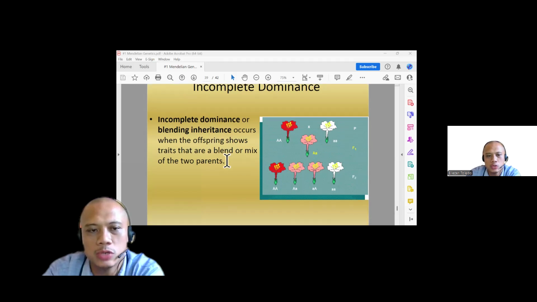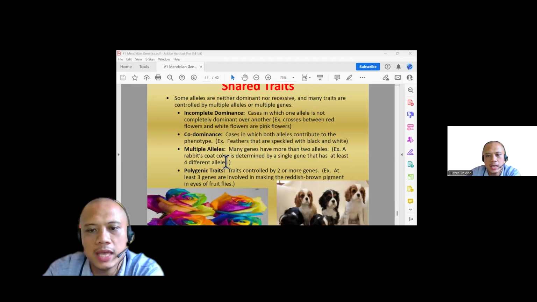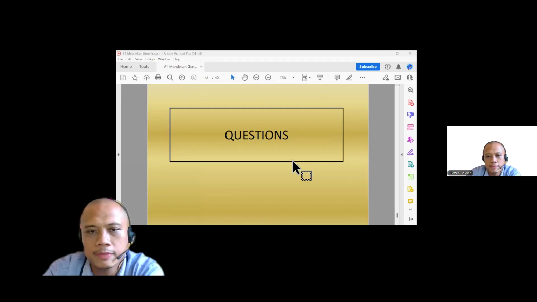Incomplete dominance, codominance, the shared traits. These are the terminologies that we need to remember. There are also multiple alleles and polygenic traits that we will not be talking about so much.